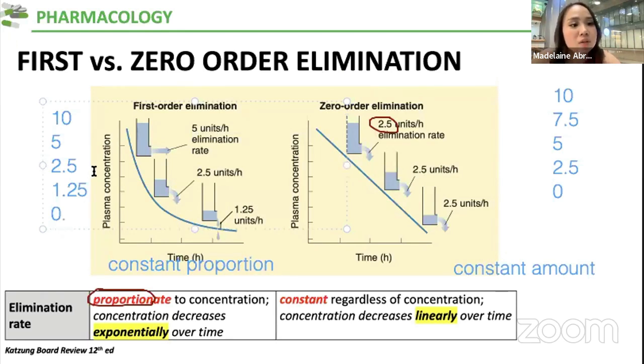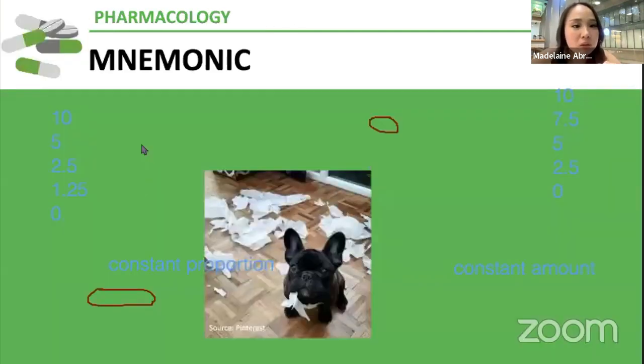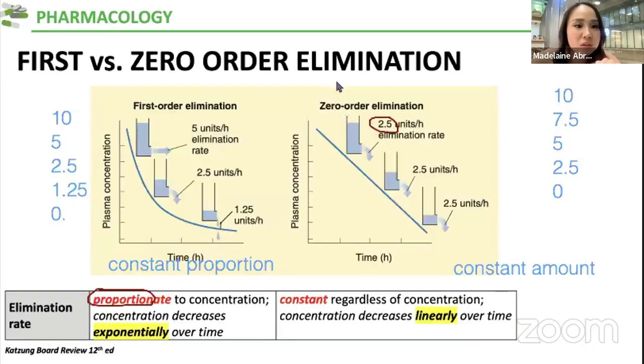And so on. So, ibig sabihin, in first order, you don't reach 0. Tignan nyo, it is continuous na magiging exponentially nagde-decrease. So, pag ganyan siya. Well, your zero order reaches 0. Kaya siya tinawag na zero order. So, it reaches 0.